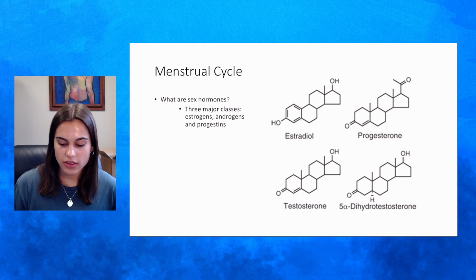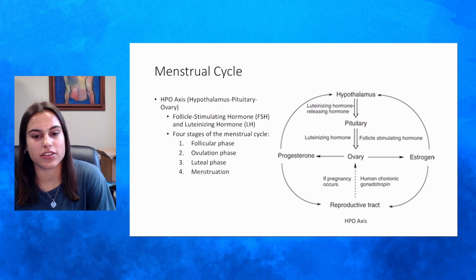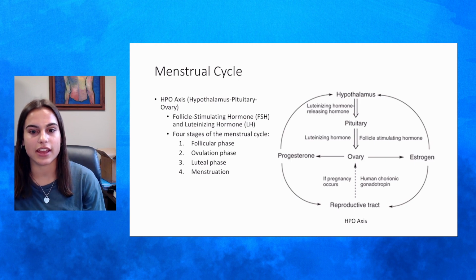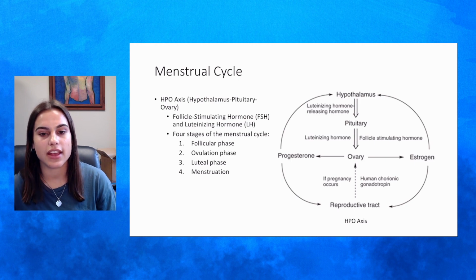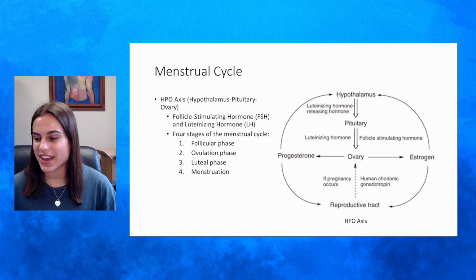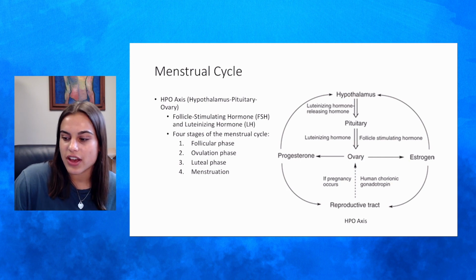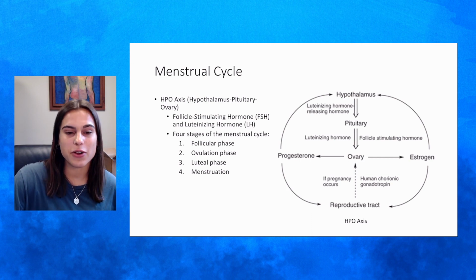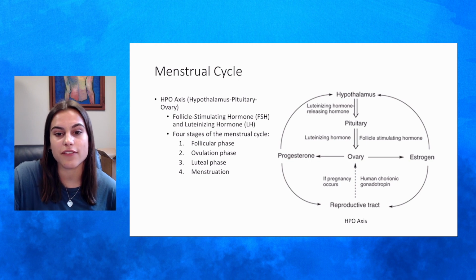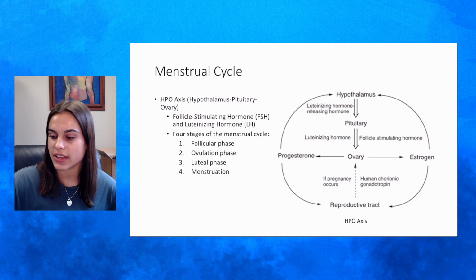So the next important part in the menstrual cycle is understanding the HPO axis, and this stands for hypothalamus, pituitary, ovary. So in this axis there are the two gonadotropin hormones, and that is the follicle stimulating hormone, which is the FSH, and the luteinizing hormone, which is the LH.